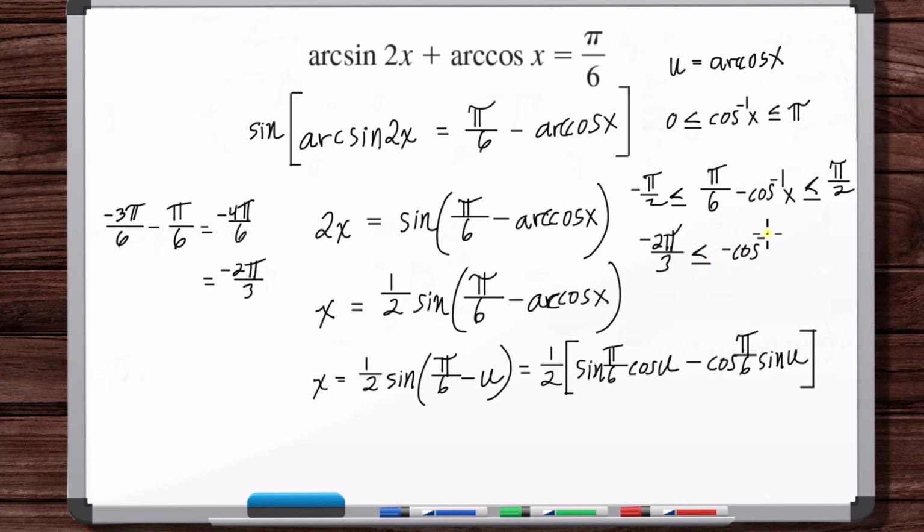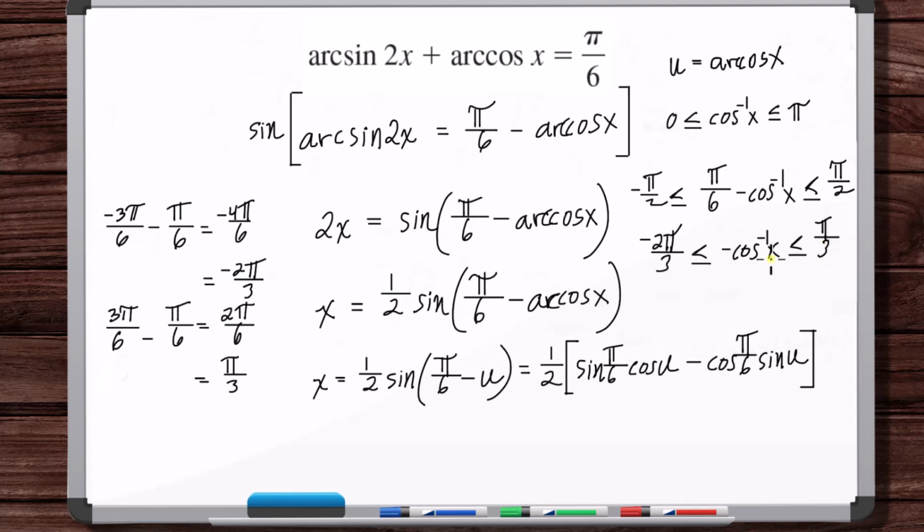And then you've got pi over 2 minus pi over 6. That's 3 pi over 6 minus pi over 6, which is 2 pi over 6. That's pi over 3.